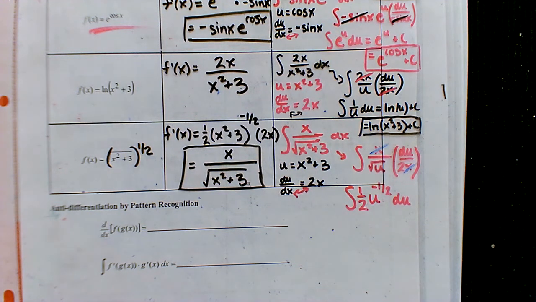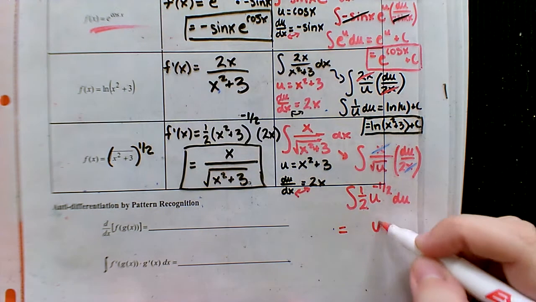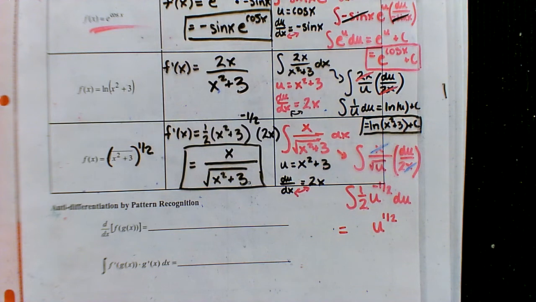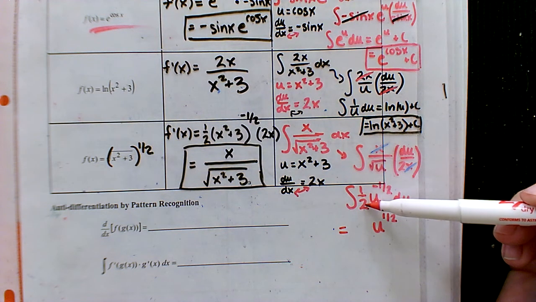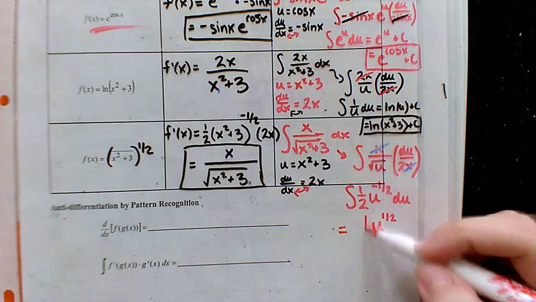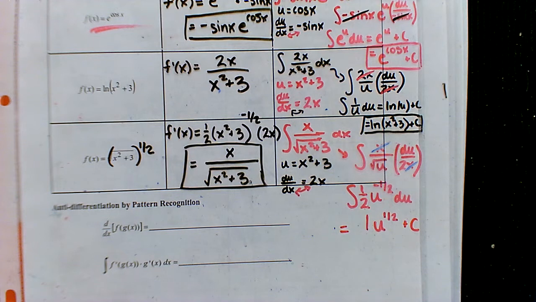Think about the top example that I did over there on the board. We got to work backwards from a variable to a power. What do we do? Add 1 to the power, so that would be to the power of 1/2. And divide by this. So we're going to take 1/2 divided by 1/2, which is 1. Anything divided by itself is 1. Let's not forget the plus c.